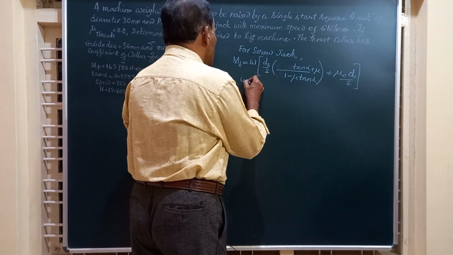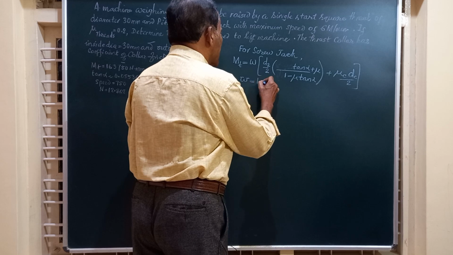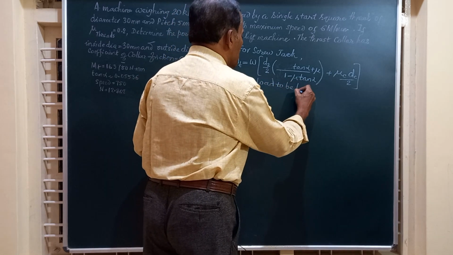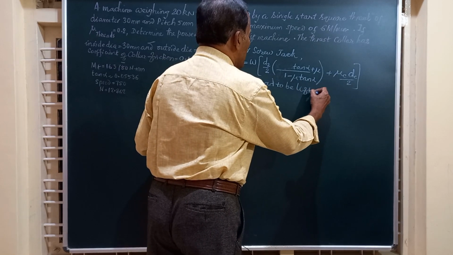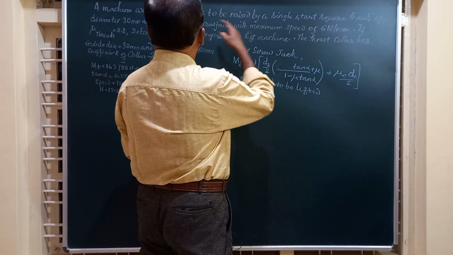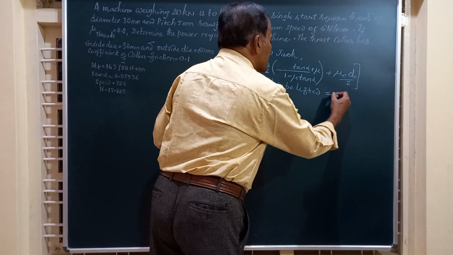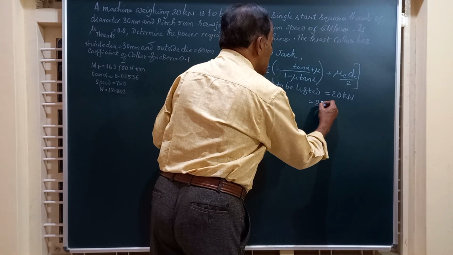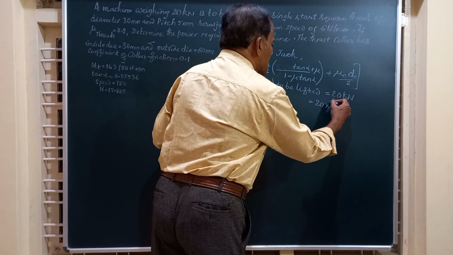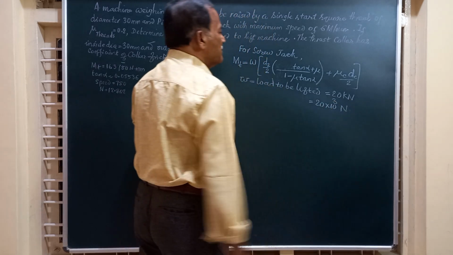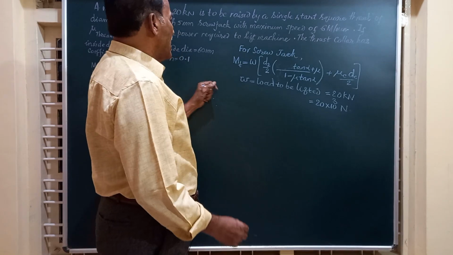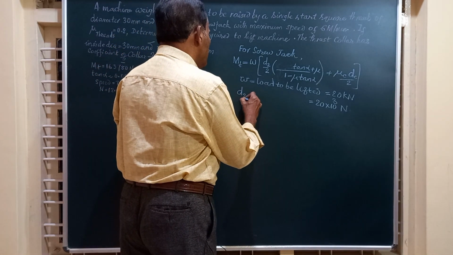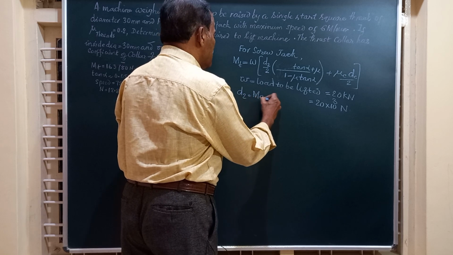This W is the load to be raised or lifted. And you see the value is given to us as 20 kilonewtons. I'll say here 20 kN. That's nothing but 20 into 10 to the power of 3 Newton. This conversion is very important. And friends, we have this D2. D2 is the mean diameter of thread.